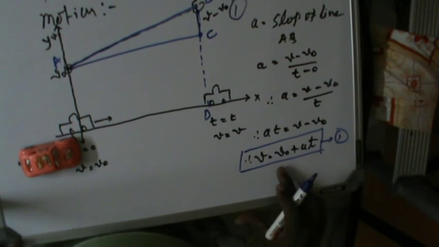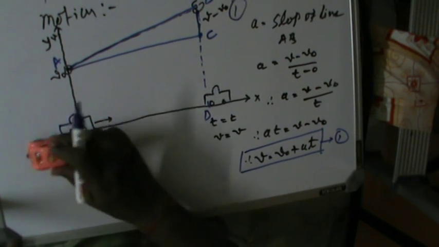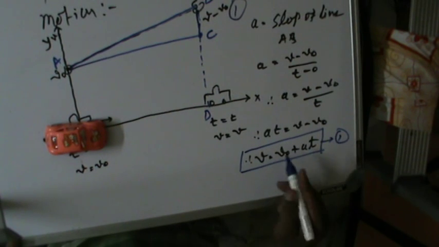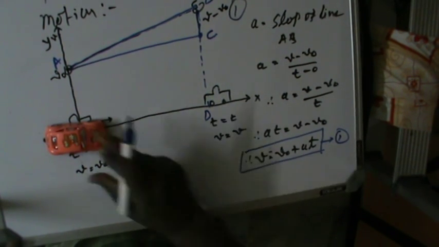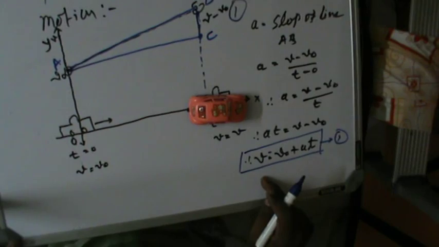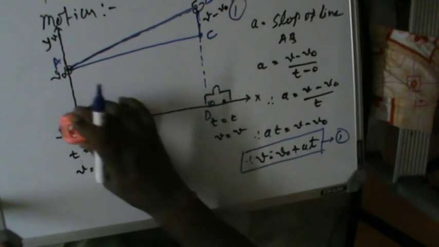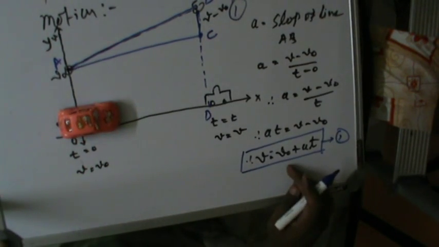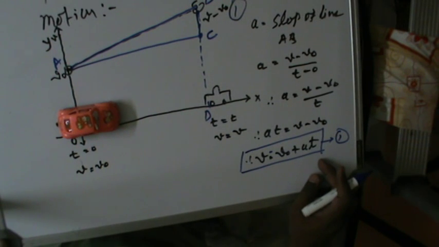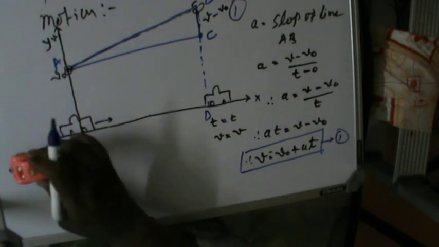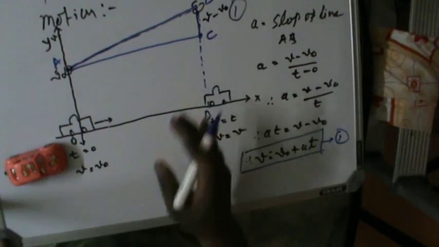Remember that V0 is the initial velocity of this car, and V, which we are getting here, is the final velocity of this car, in the equation V is equal to V0 plus at. Now we can transfer this to displacement.